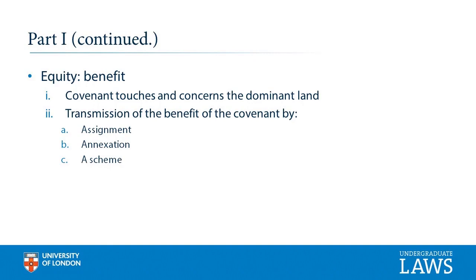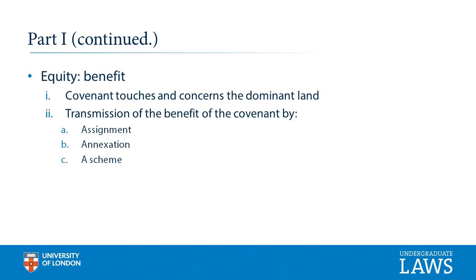There are two requirements for a successful assignment, and they were set out in Union of London and Smith's Bank Limited's Conveyance. The first requirement is that the dominant land must be identified in or be otherwise ascertainable from the instrument which contains the covenant.